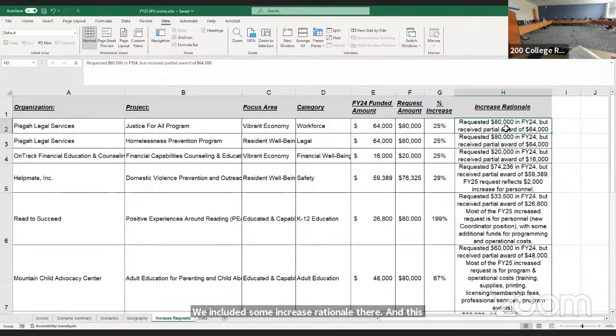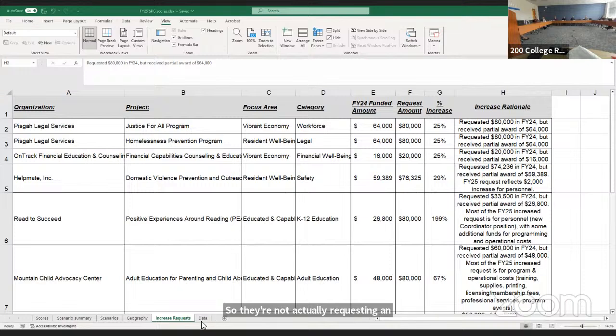And this is a little bit complicated because a lot of people remember, let's say, Piscataway Eagles is a good example. They requested last year $80,000 for their funding. They received a partial award of $64,000. So they're not actually requesting an increase, but it does show up that way because of the partial award.